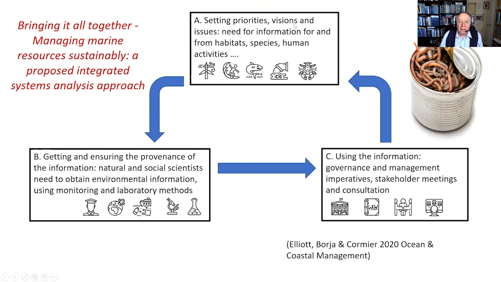that says, let's start with the priorities and visions and issues of an area. What do we want an area to be like? B is getting the data and doing something with it. And then C is using the information in governance and management.